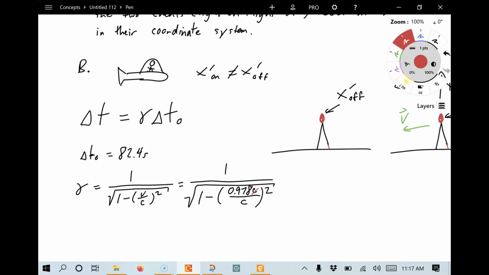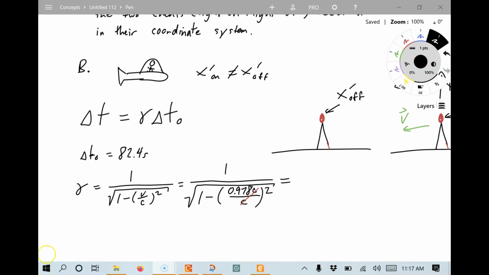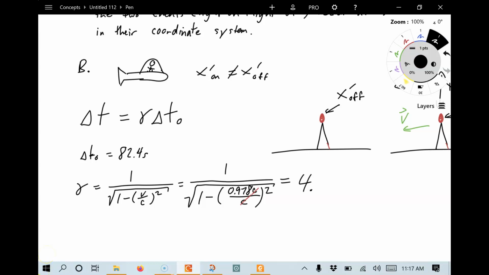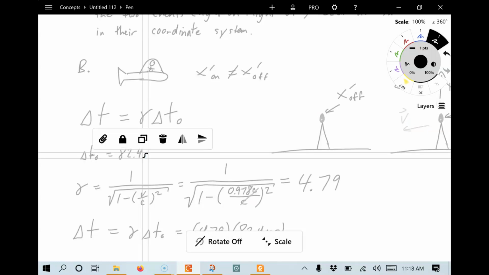These cancel. And when we put that into the calculator, we get 4.79. So that's our relativistic gamma factor. And now we can figure out what the dilated, or longer stretched out, time is. It's going to be gamma times delta T0, which is 4.79 times 82.4 microseconds.